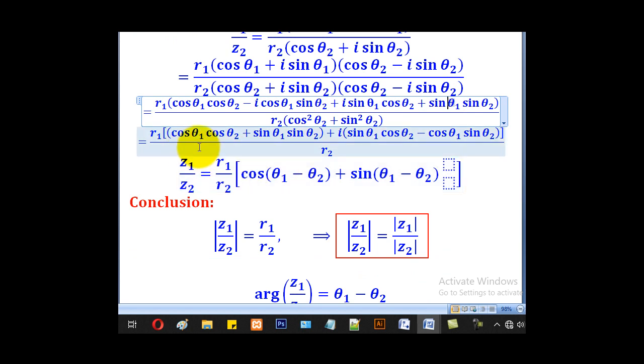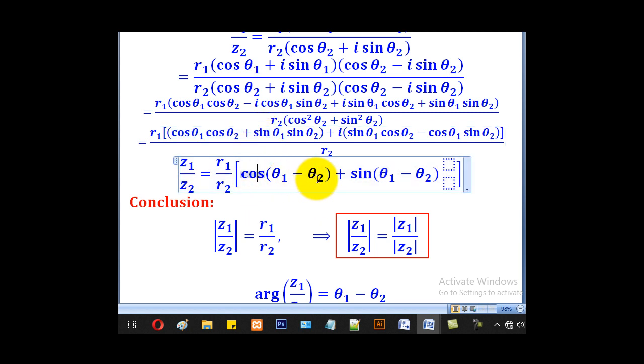You can simplify it further by collecting like terms, real alone and imaginary alone. The real part is equal to cos (theta 1 minus theta 2), and the imaginary part is equal to sin (theta 1 minus theta 2). But outside, the modulus is the division r1 over r2.